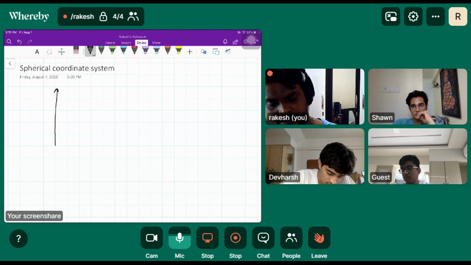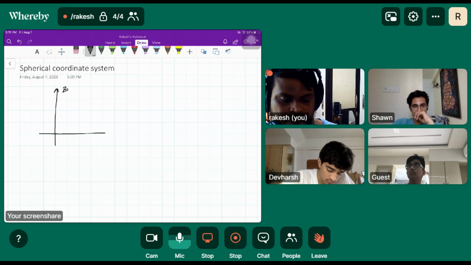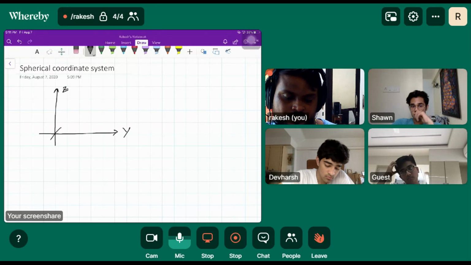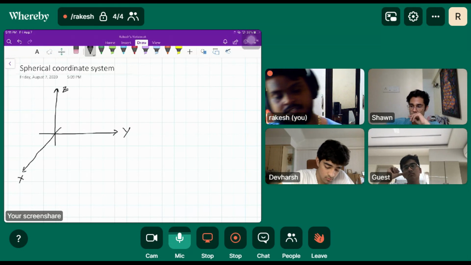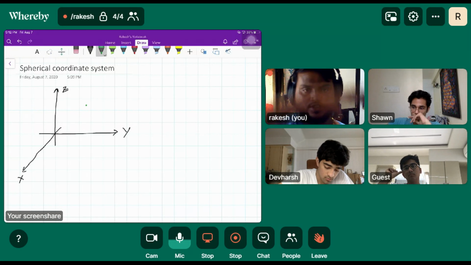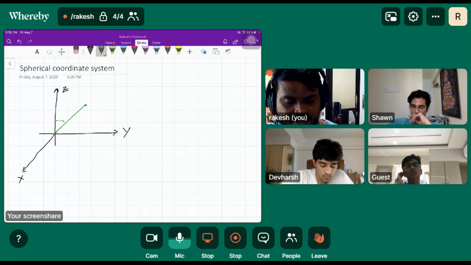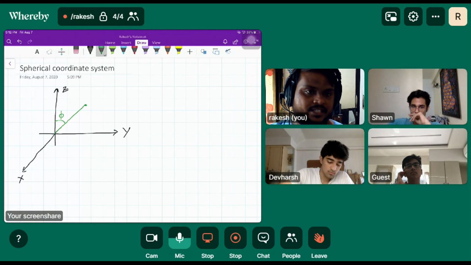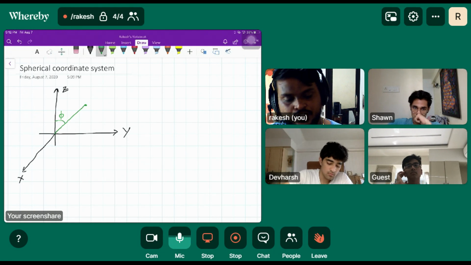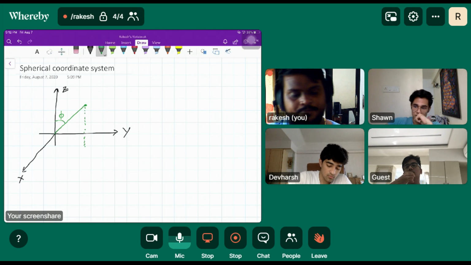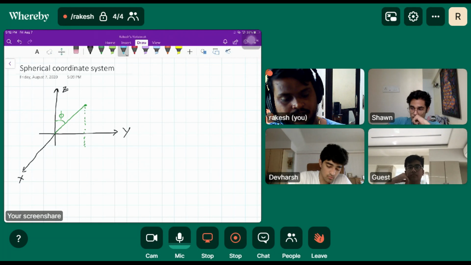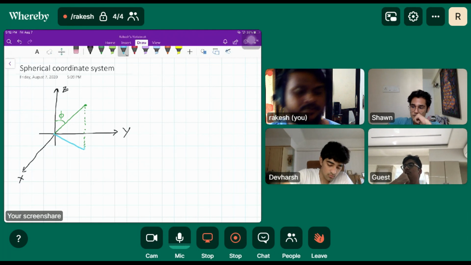This is our z-axis. This is y. This is x. In this case, we have a point P on a sphere, you can assume. This line makes an angle phi with the z-axis.